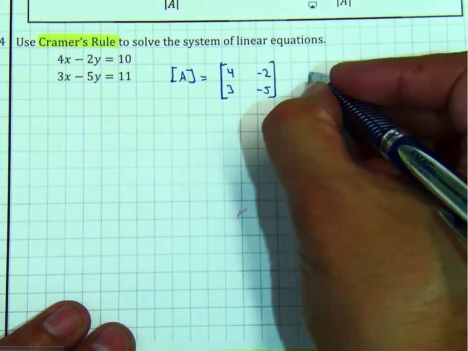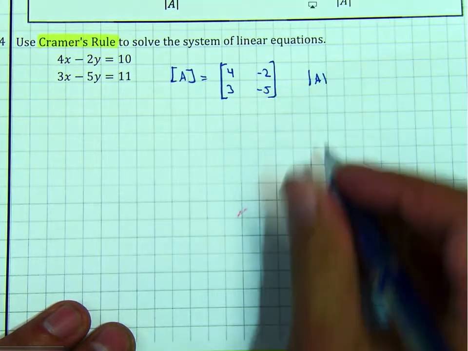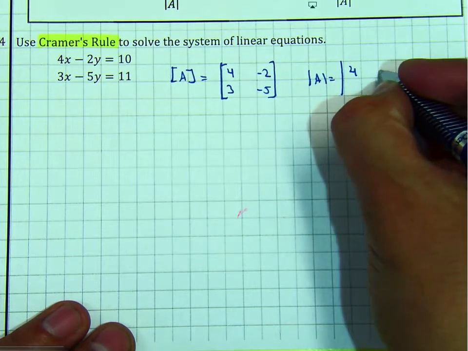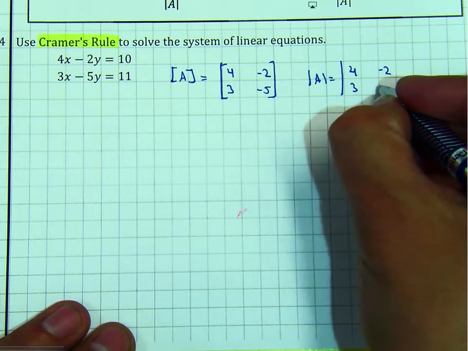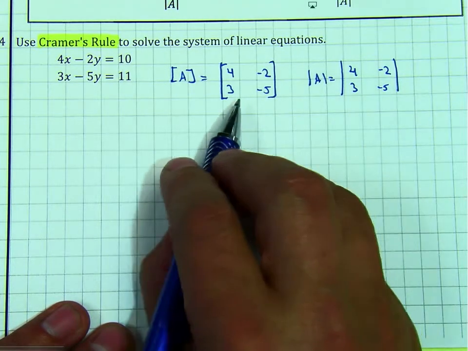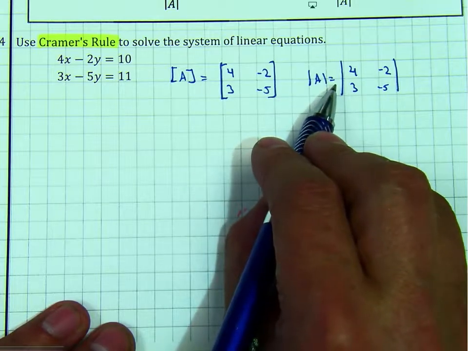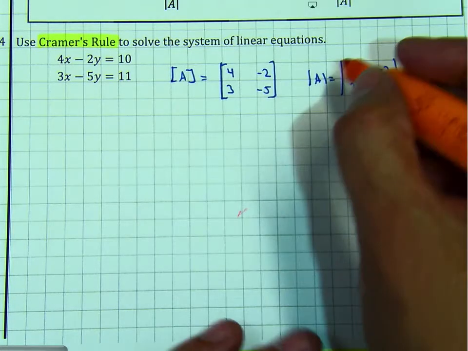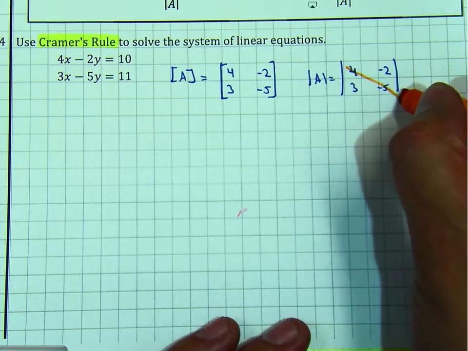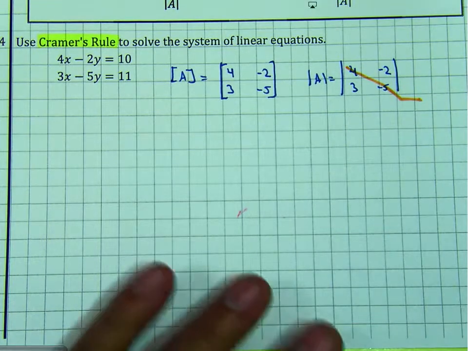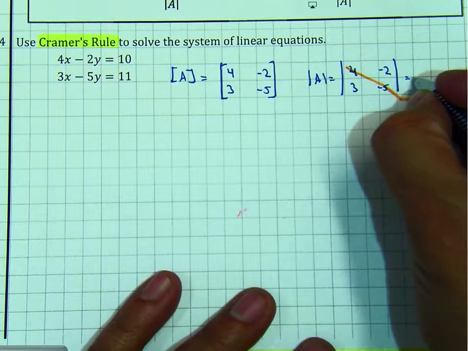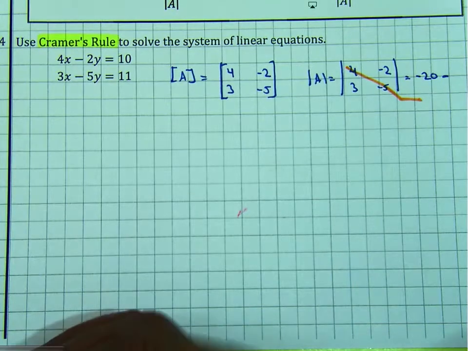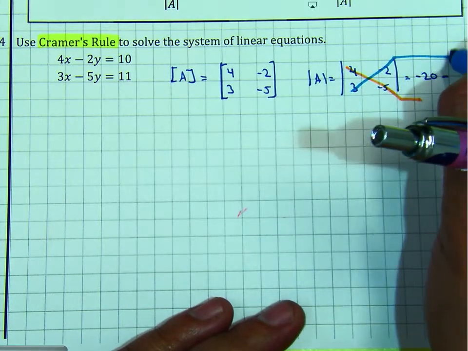So therefore, the determinant of A will be equal to 4, -2, 3, -5. Notice the difference. Now we have a bar. So if you want to skip that step, it's fine. And now I'll find the determinant. So therefore, that gives me -20 minus -6.